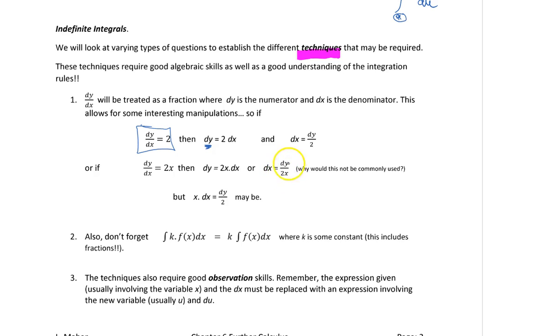That would be pretty unusual, combinations of y's and x's. But x times dx would be dy on 2, and that could be really helpful. So what are we doing here? We're just dividing both sides by 2, giving x times dx, and you might have a situation where you recognise this, and you could replace it with dy on 2.